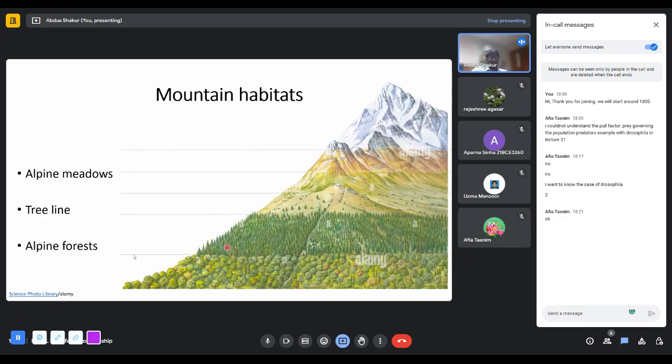They are the forests found at higher elevations. If you think of this as a mountain, most of the trees in this region have a peculiar cone shape so that they can withstand the high amount of snowfall without breaking.